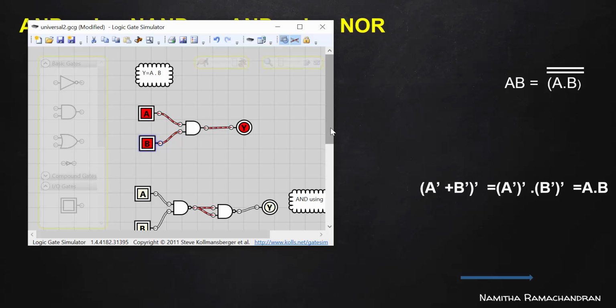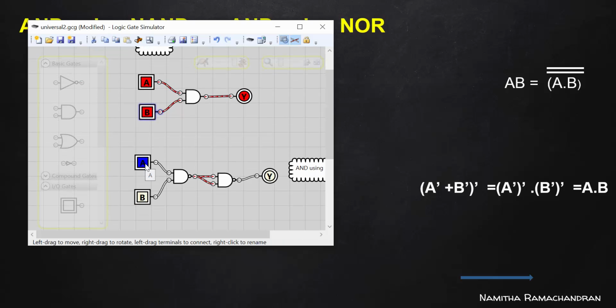For getting this particular form, first apply A input as one of the inputs of a NAND gate, and B as the second input of the same NAND gate. Its output is (A and B) complement, which is connected as two different inputs of another NAND gate.